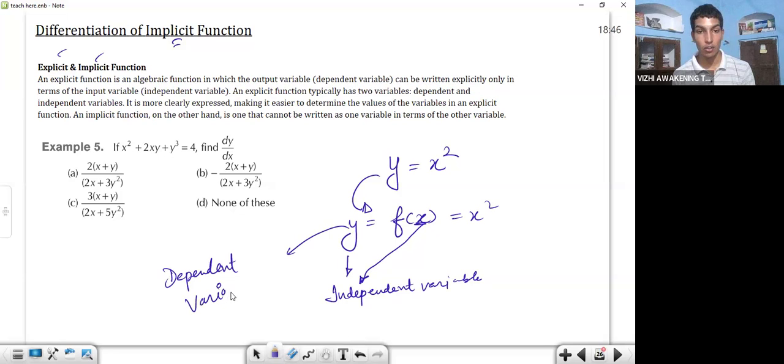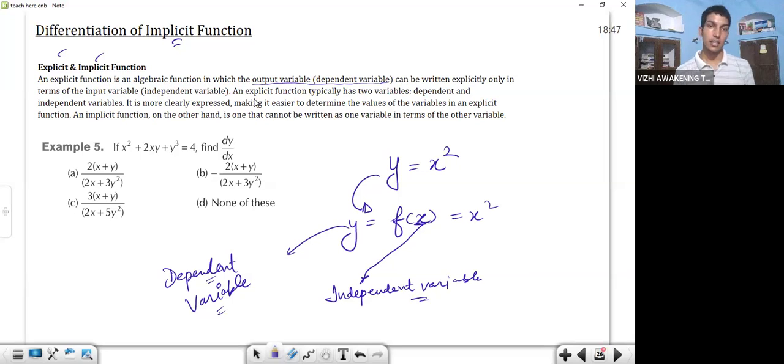It is depending on x. Here y is depending on x. That's why we are calling y a dependent variable, and x an independent variable. Okay, because it's an input variable. It is also mentioned here. Output variable is the dependent variable. Because what is coming out is dependent on x, and x is not dependent on any other variable here. So x is an independent variable and y is a dependent variable.